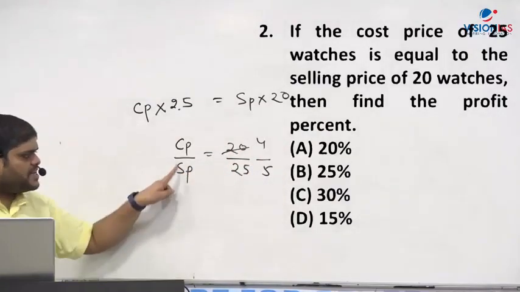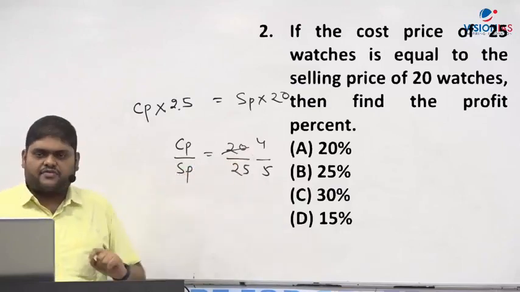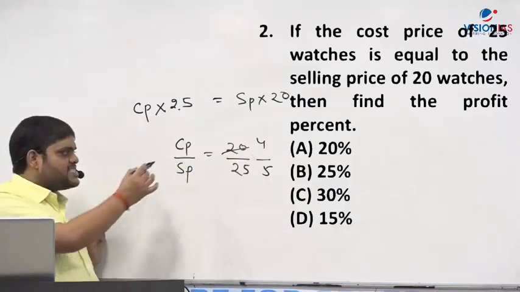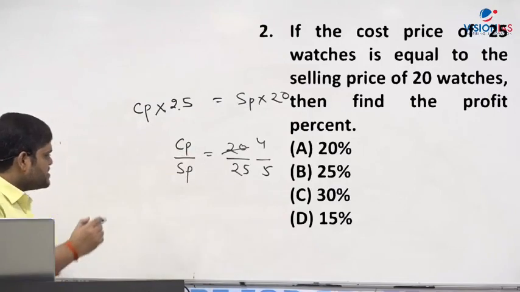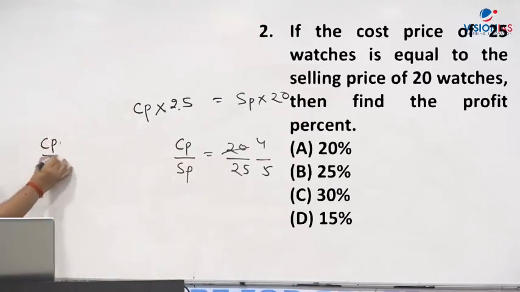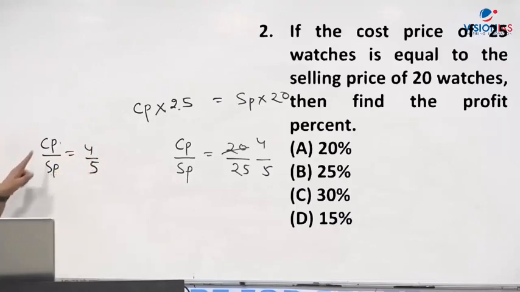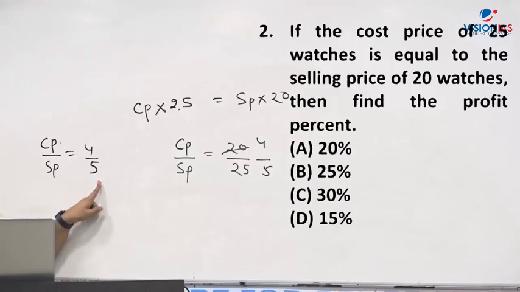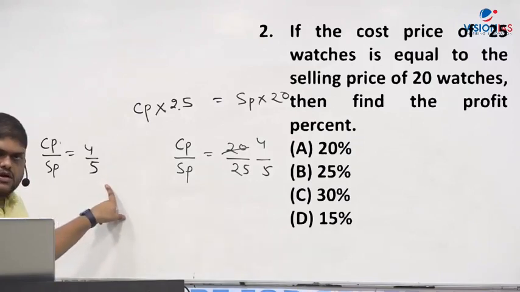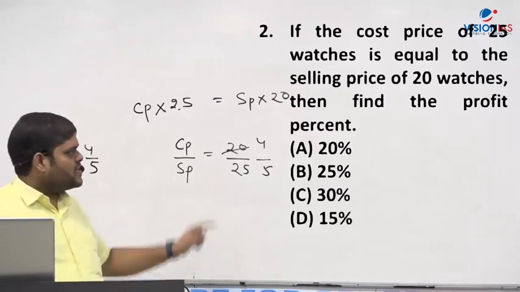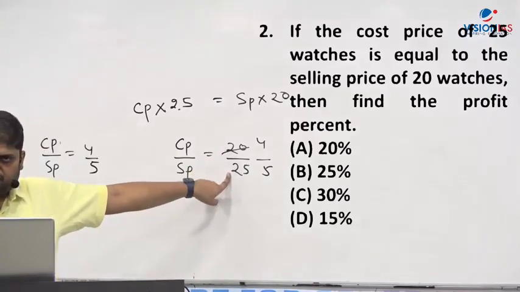From this, CP upon SP is 4 upon 5. What does this mean? It means if CP is 4 times, SP is 5 times. That means if CP is, suppose, 20, SP is 25.